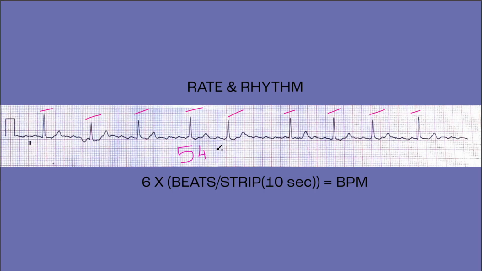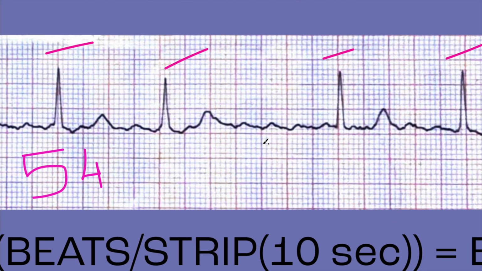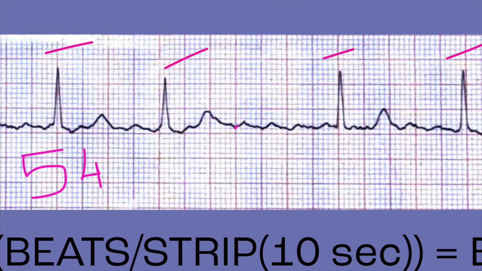We have our rate. As far as the rhythm, I'm looking for P waves, but you cannot see them. However, what stands out is this funky baseline. See how you don't have a baseline here. Whatever's going on here never reveals an isoelectric baseline. So there's something going on that is constantly agitating the heart.